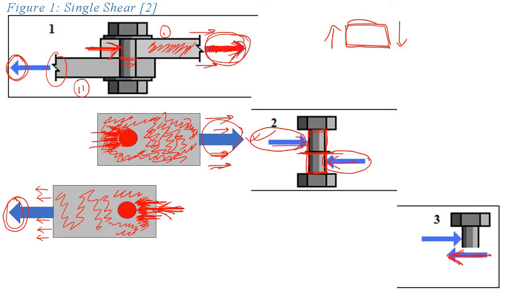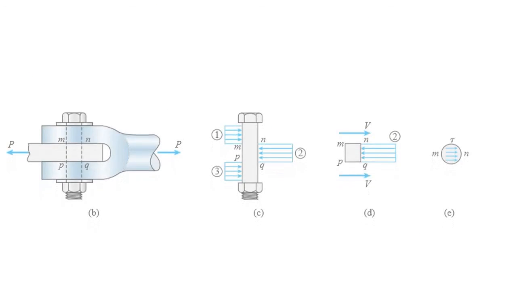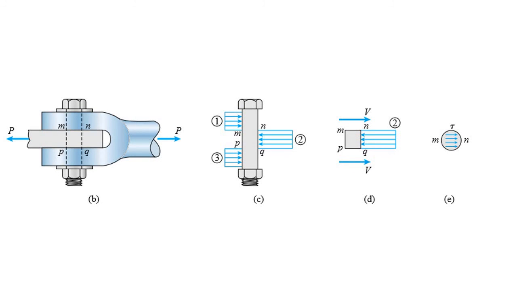Now let's look into the case of double shear. I'm not going to discuss it in detail. This is the load, and to counter this load we are using two plates. This is a single load being applied here in this plate.